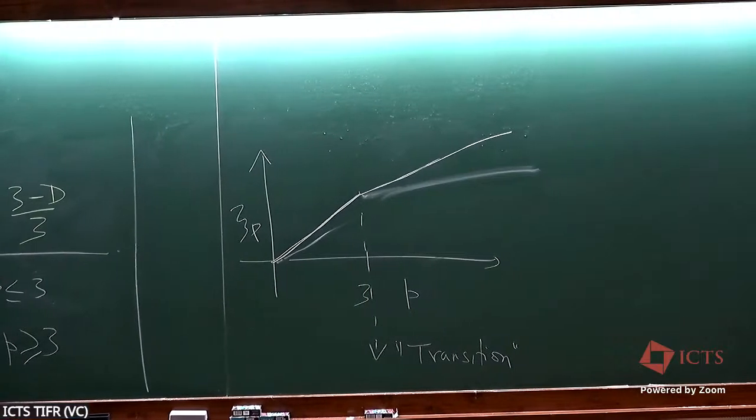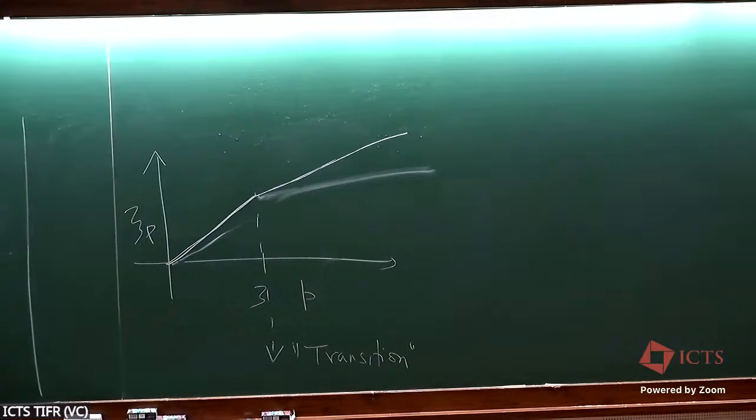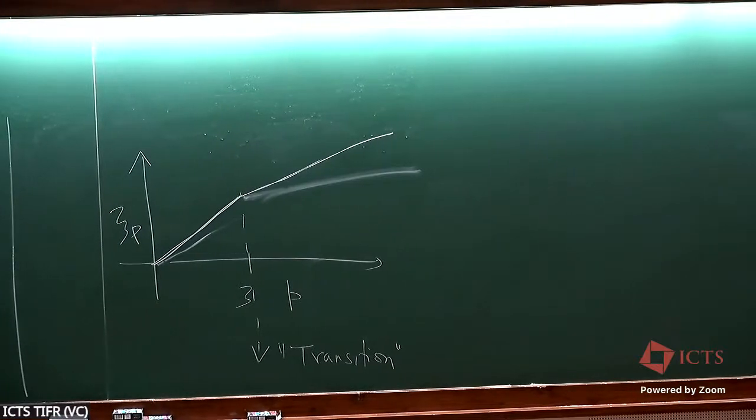So we are slowly getting there. Just by introducing a second dimension in the problem, we've moved away from a linear zeta p versus p plot, which is what we wanted to do all the time. By introducing a second dimension, we've started getting things which look like multi-scaling.